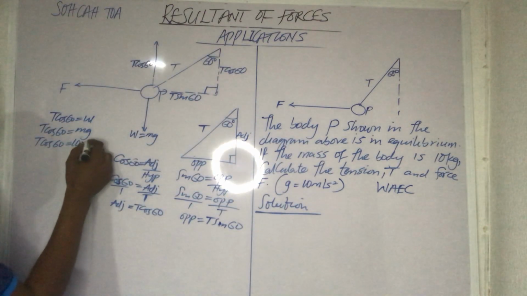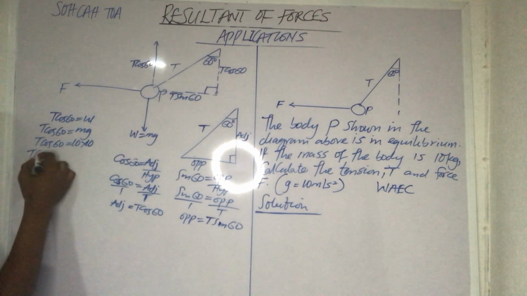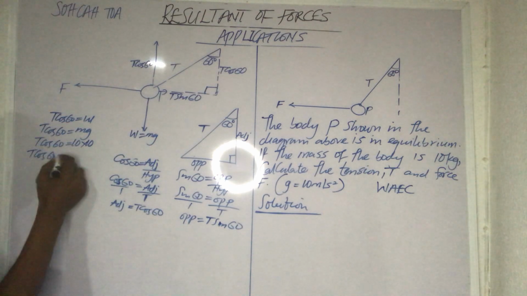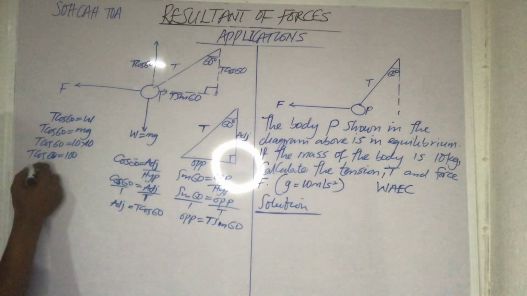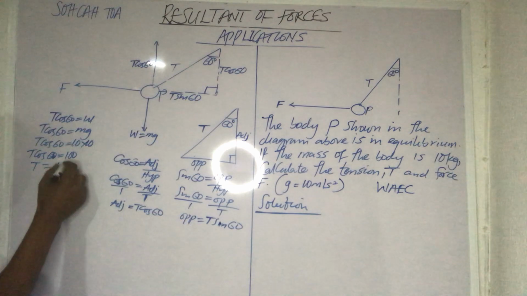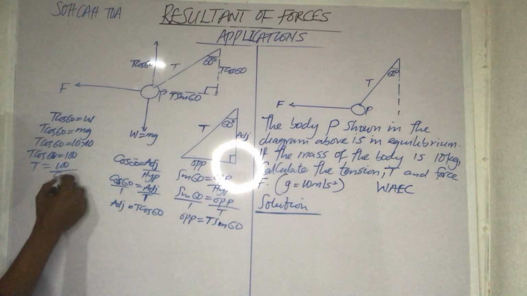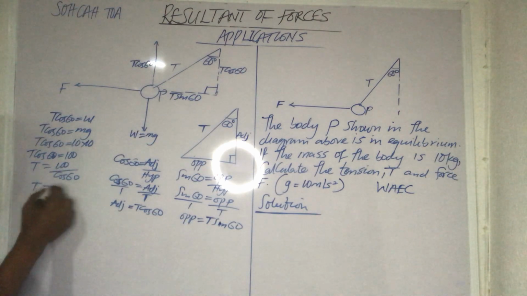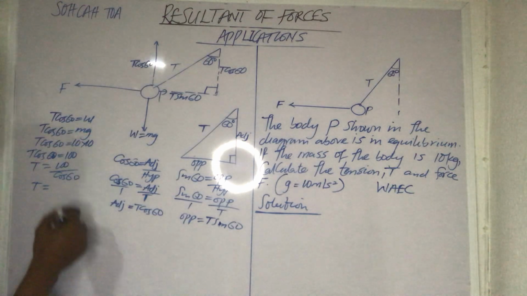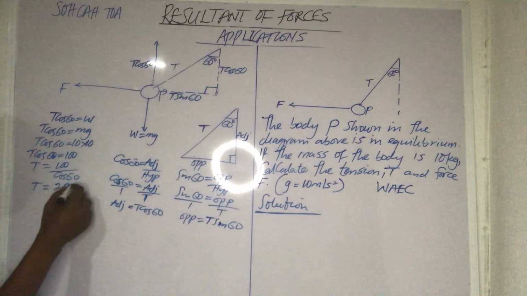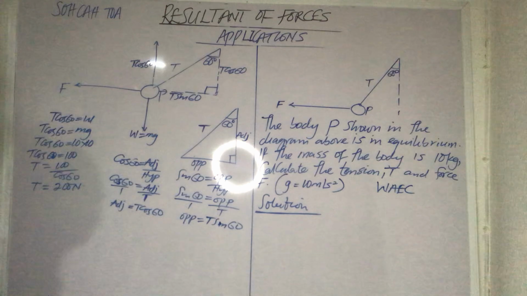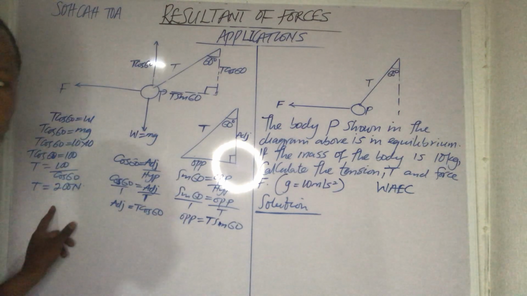So you have T cos 60 is equal to 100. Then T is equal to 100 over cos 60. So 100 over cos 60 will give us 200 Newton. So my T is 200 Newton.